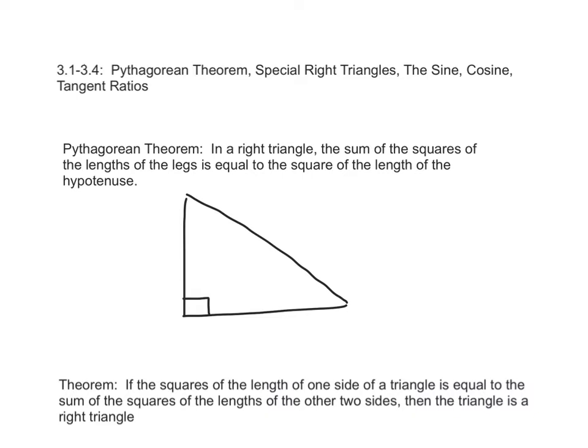Hypotenuse, remember, is the side that is opposite the right angle, so this is the hypotenuse. Using the letters you're probably used to, call this A, and this is B, so those are the legs, and this is the hypotenuse. This is saying that in a right triangle, a squared plus b squared equals c squared.